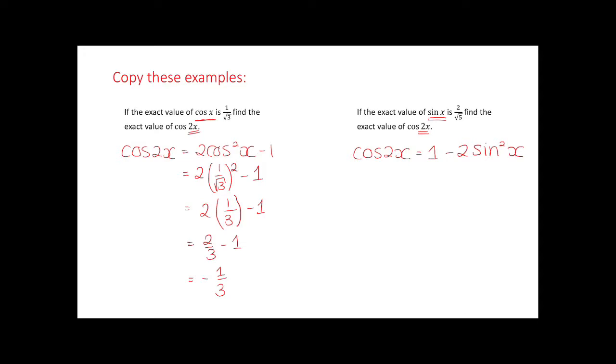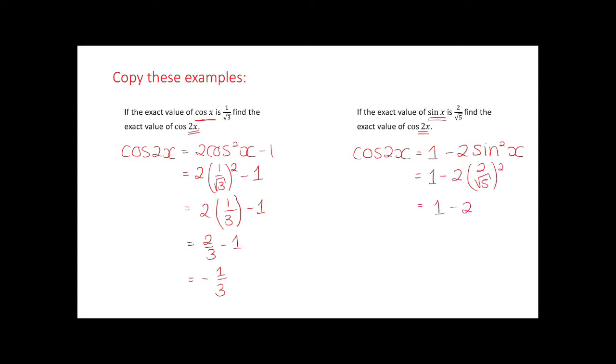Okay, so you can rule your expansions out. There will be occasions where you have information on sin x and cos x, in which case it is entirely up to you which one you use. But sometimes, like in these two cases, there is a specific one that you have to use. So again, remember that sin squared x is the same as sin x squared. So we've got 1 minus 2 times 2 over root 5 squared.